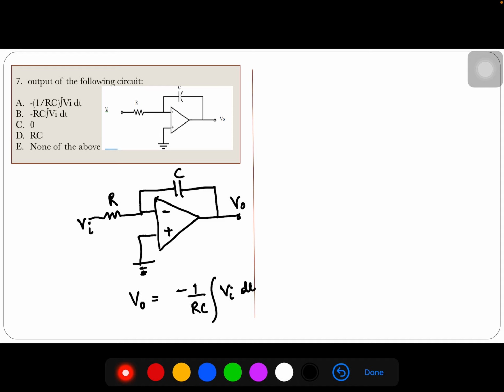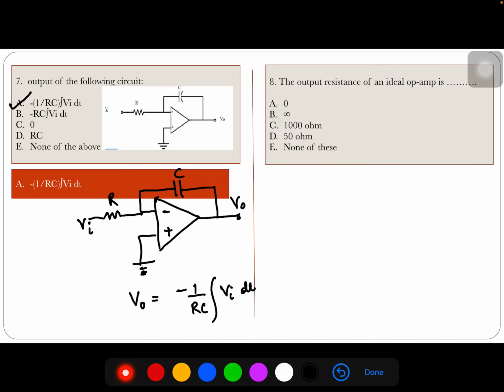As it is an integrator, obviously it will be integrating the input. So it is integrating the input voltage Vi with some constant, minus 1 upon RC. I have shared the link of the video where I have done this derivation in the description box. Do refer to it, and the derivations are very simple once you understand. Okay, so it is minus 1 upon RC integration Vi dt. Option is A.